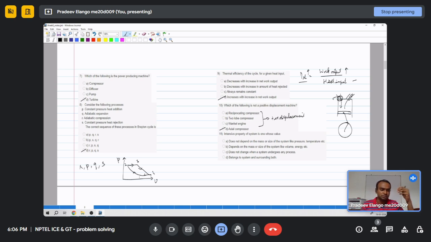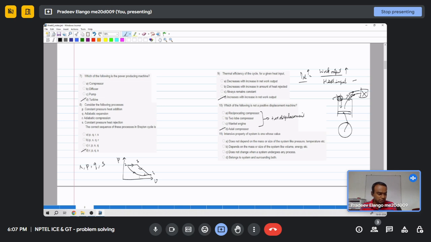Whereas in a centrifugal compressor or axial compressor, you rotate the blade, and kinetic energy is imparted to the gas, then later you convert it back to pressure energy, and then you increase the pressure of the fluid. And if you put a valve here and keep compressing, somewhere it will break.